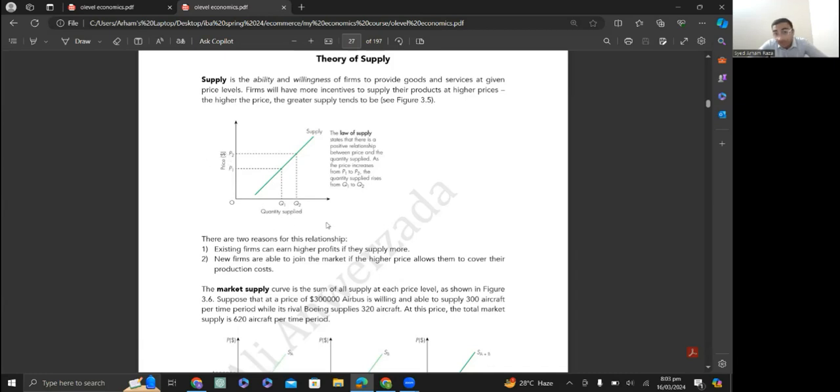When the price increases, the supplier has an incentive to make more profit, so they will go towards revenue maximization. So they will increase the quantity supplied. That is the law of supply, which states a positive relation between price and the quantity supplied.